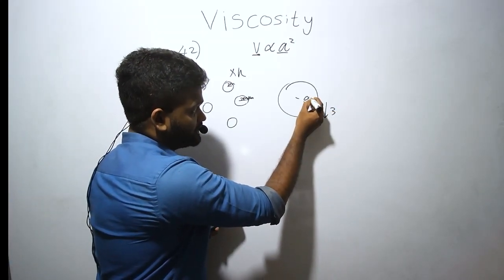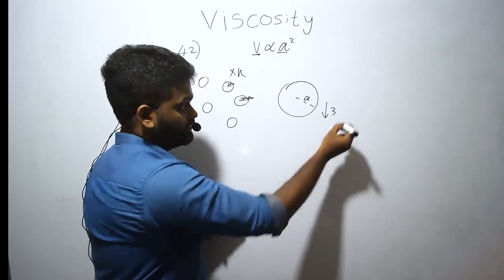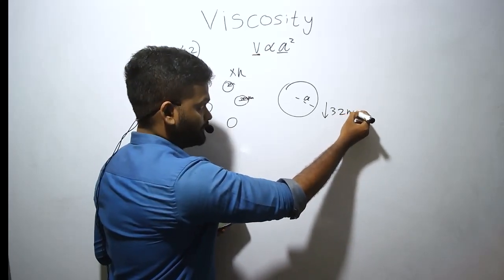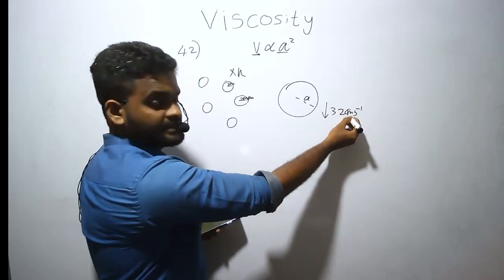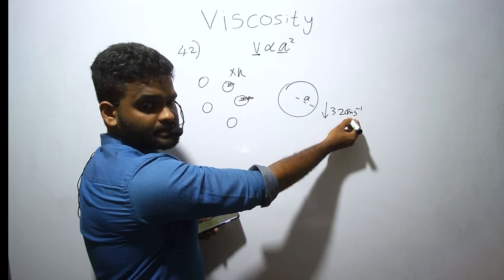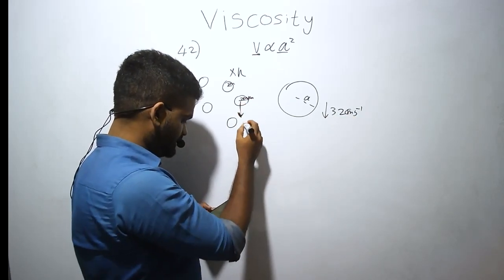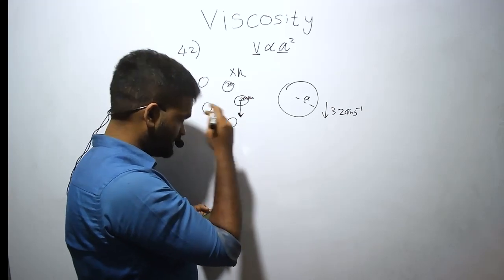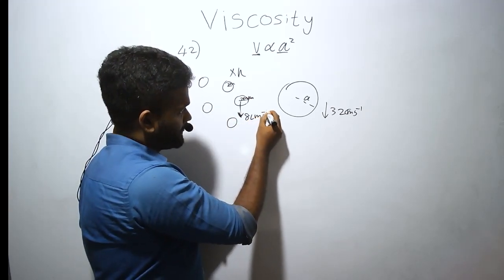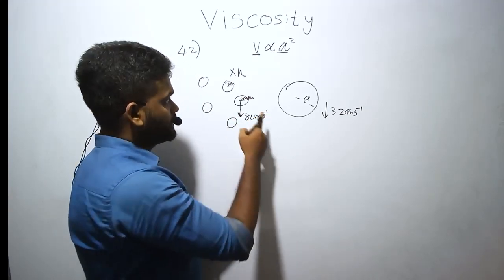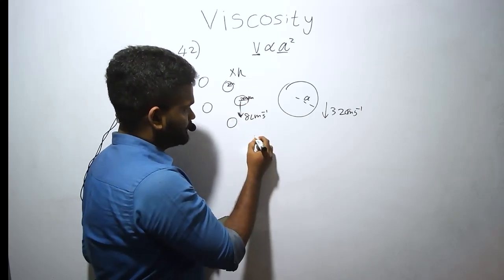Let's say the radius of the large one is simply A. This has a terminal velocity of 32 centimeters per second. The small one has a terminal velocity of what? 8. Right?